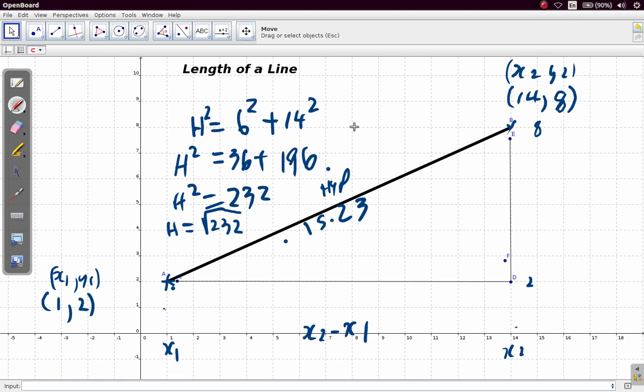So this height between the 8 and 2, this 8 lines up with our y2. So this is y2. And this 2 lines up with our y1. This is y1. And we saw it here. y1 is 2 and y2 is 8. So this height is the difference between y2 and y1.